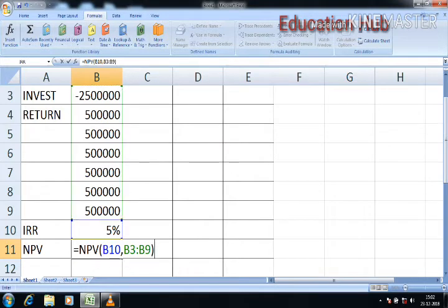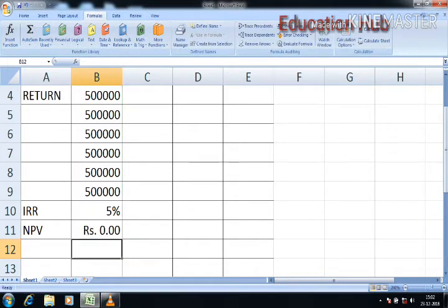Equals NPV, then I have to select the IRR value, that cell, comma, then select all the range of inflows and outflows. See here, if it gives 0, that means our IRR is correct.